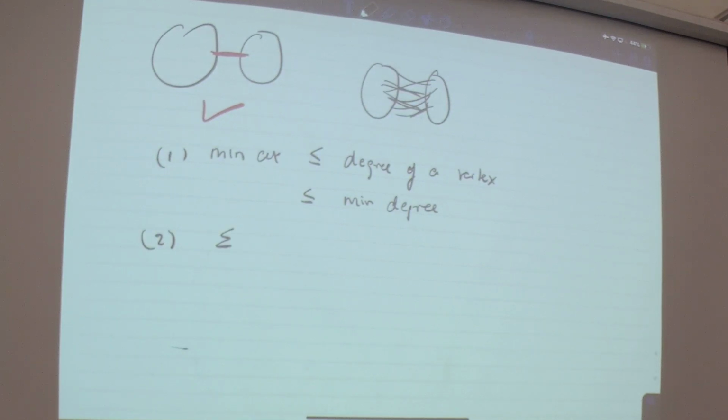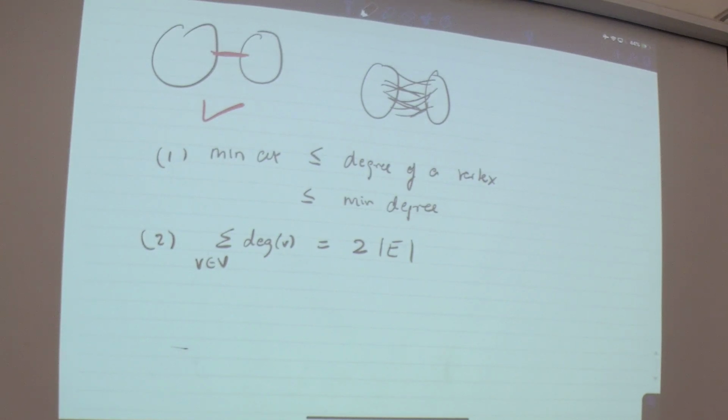The sum of the degrees of vertices in a graph is twice the number of edges. Why? Because if we add the degrees of the vertices, each edge gets counted twice. It gets counted from one side, and it gets counted from the other side. This is a very basic fact in graph theory.